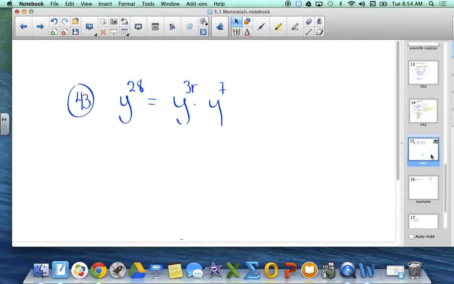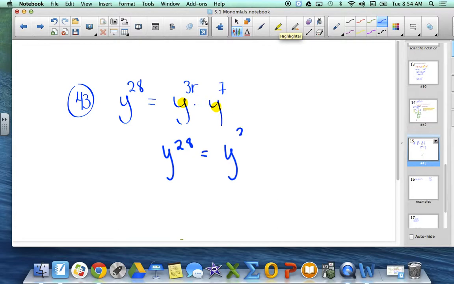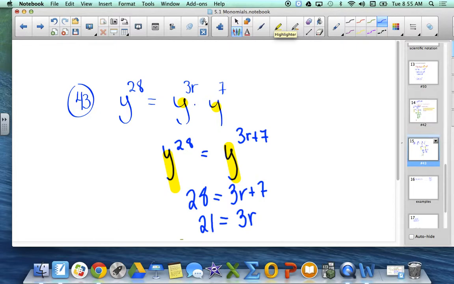All right, so on number 43, we have to combine these two before we work the problem. So what does the rule tell you to do with your exponents? Add them. So that's 3r plus 7. Once you have a single base here and a single base there, then you can set your exponents equal, and you get 28 is equal to 3r plus 7. So 3r is equal to 21. So r is equal to 7.